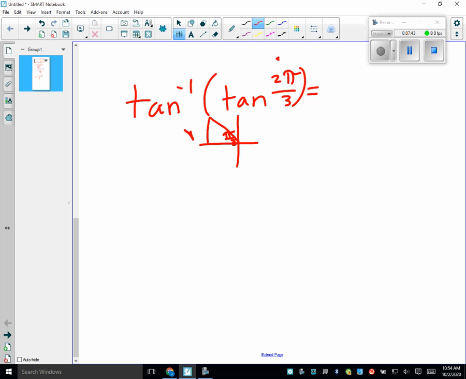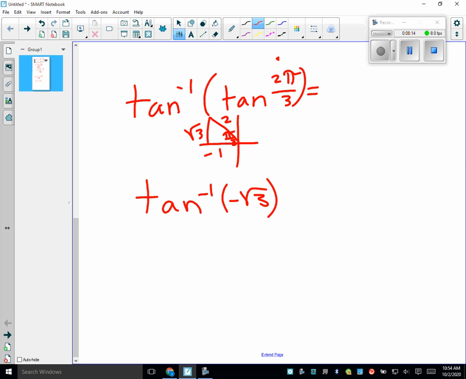Pi over 3 makes this radical 3, negative 1 and 2, right? So what is the tangent of 2 pi over 3? Negative radical 3 or negative radical 3 over 1? So I want the arc tangent of negative radical 3. Right?